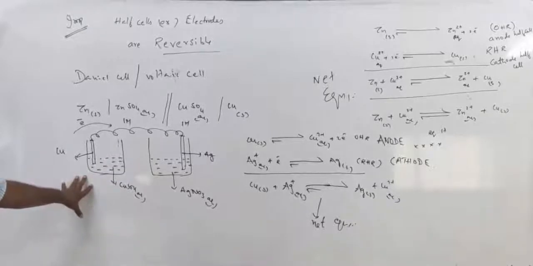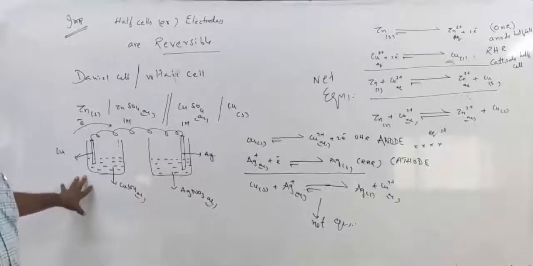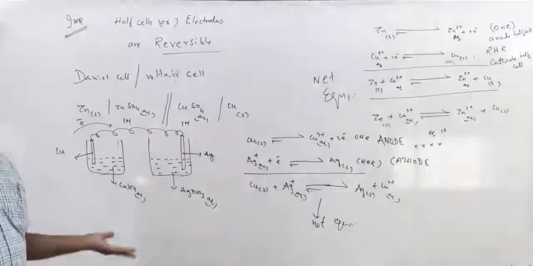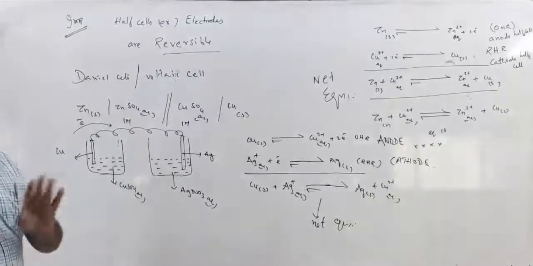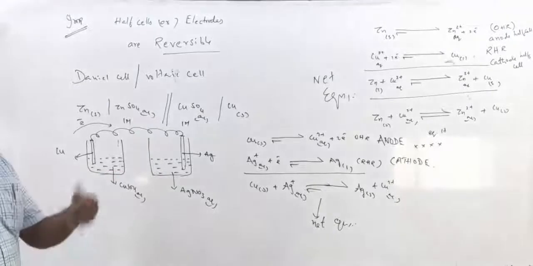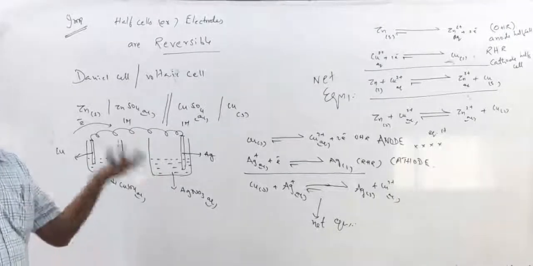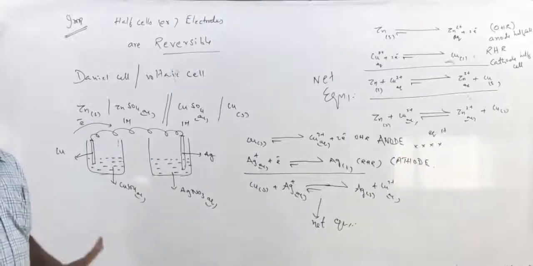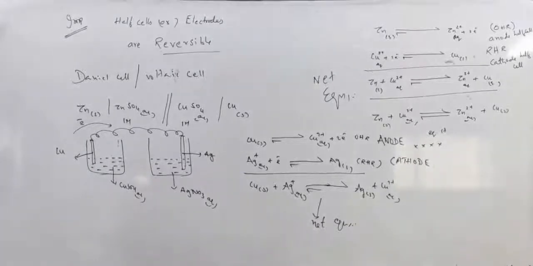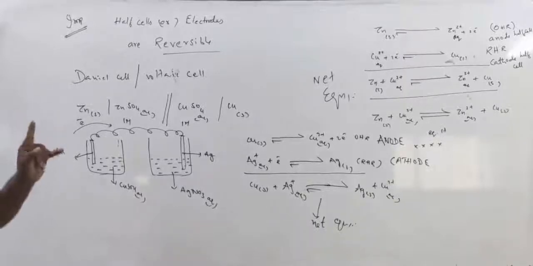So depending on the other electrode, any electrode may act as anode or cathode, may lose or gain electrons, may undergo oxidation or reduction. Is it clear? That is why half cells or electrodes are said to be reversible.